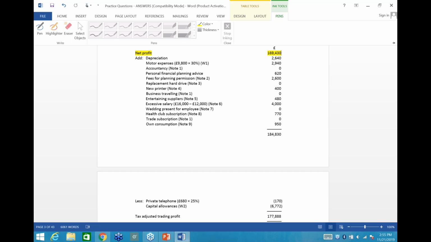Most expenditure is permitted for both accounting and tax purposes, but there is certain expenditure allowed for accounting purposes but not allowable deductions for taxation, whereas there is certain expenditure allowable for taxation but not for accounting purposes. Therefore, we have to do the necessary adjustments in order to calculate the tax adjusted trading profit.